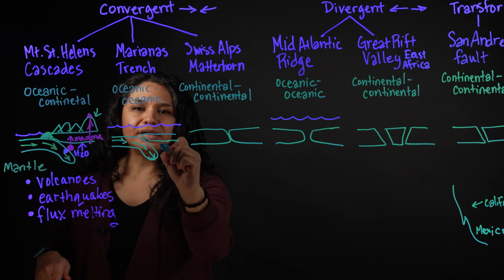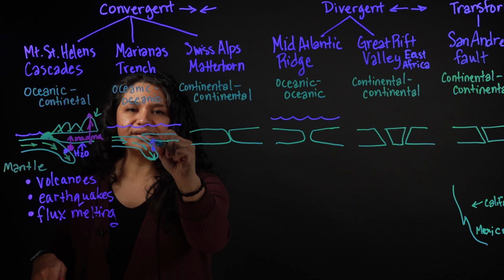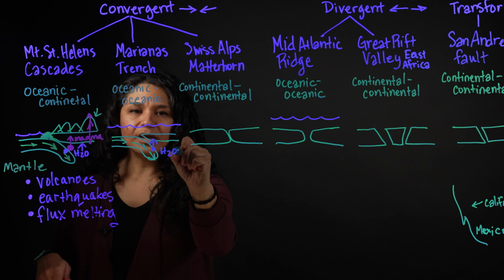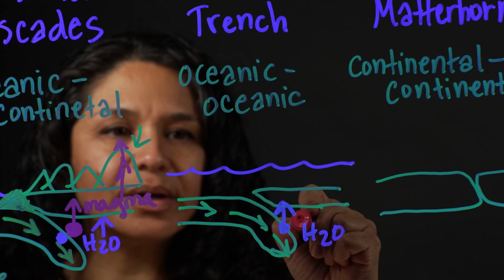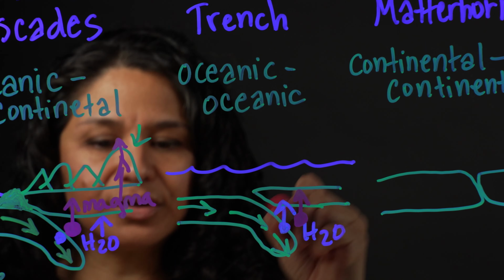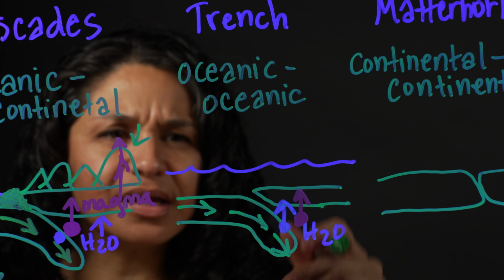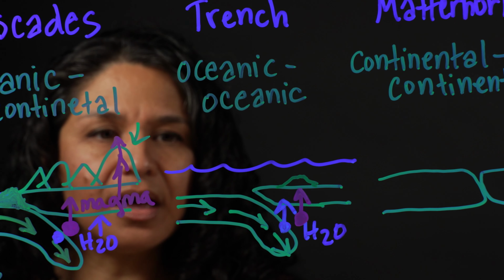Again, we have the water that's being forced out of the rock as it goes down into the hotter mantle. We also have magma forming, so we have flux melting going on as well. That's going to make its way up, and we're going to have little underwater volcanoes. It's not going to be quite as explosive because they're underwater.